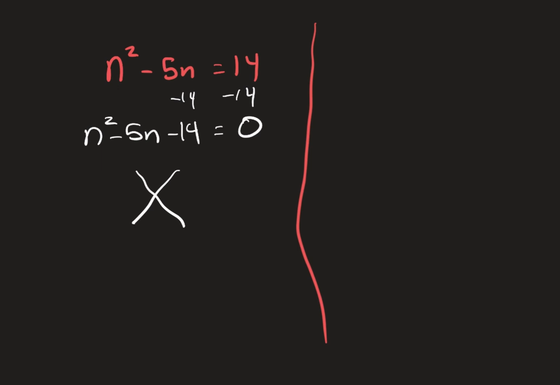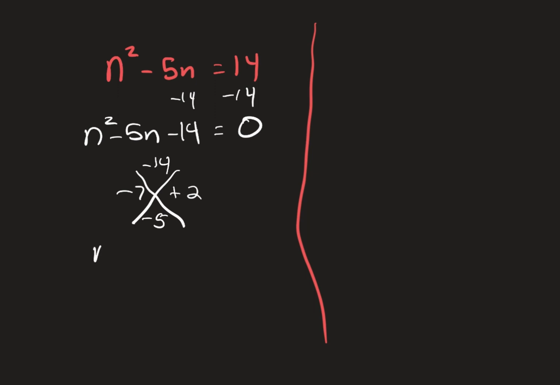3, 2, 1. Negative 14 and negative 5. So one's negative, one's positive. Negative 7 and 2, because we got negative 5 on the bottom.